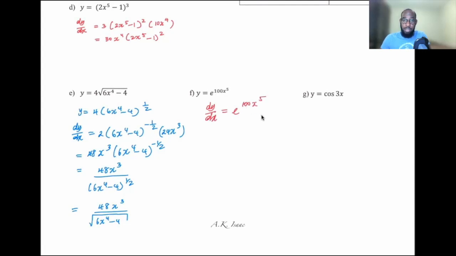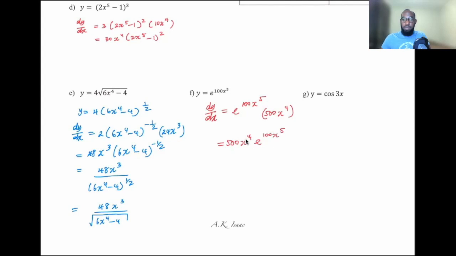We're not finished here. Now you have to differentiate the power. When you differentiate 100x to the power 5, 5 times 100 is 500x to the power 4, because 5 minus 1 is 4. And when you complete this line, you simplify. So we have 500x to the power 4, e to the 100x to the power 5. And this here is your answer, right there.